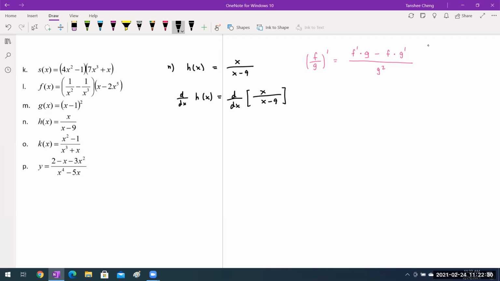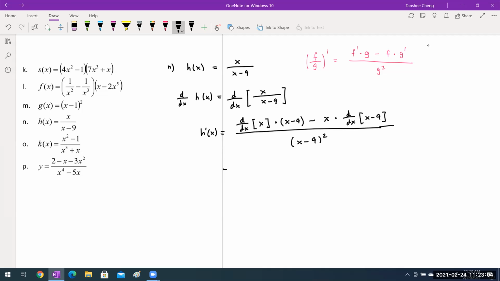So this will become h prime of x equal to, according to the formula, the derivative with respect to x of the numerator function, which is x, times the denominator function, which is x minus 9, minus the numerator function x times the derivative with respect to x of the denominator function, which is x minus 9, and all over the denominator function squared.